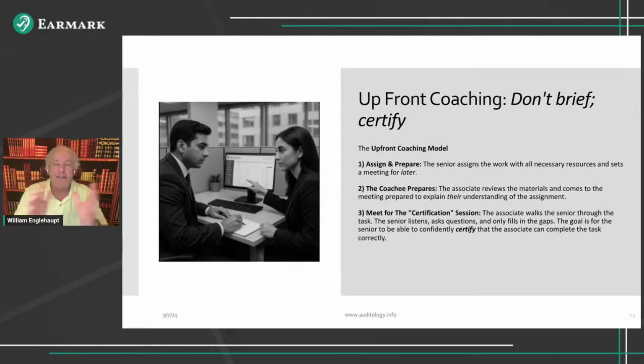And so from our standpoint, what we really want to do is turn this model on its head in a way. And our goal at the end of these sessions is to, in essence, certify the individual that we feel they're capable of doing the work. So how does this work? A couple simple steps. One is we have a meeting or set up the coaching session ahead of time, where the person doing the coaching is going to tell the individual, here are the things you need to be looking at.